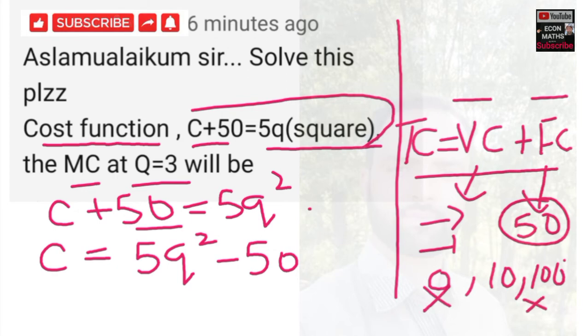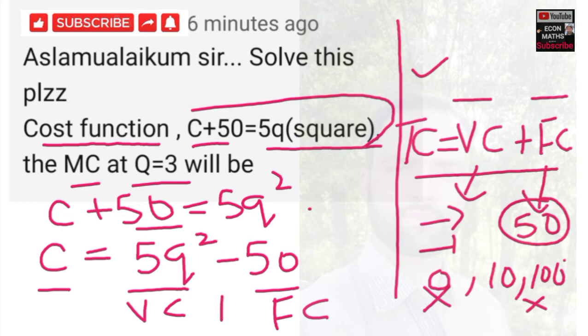One thing I want to make sure of: the given cost function which was asked by the sister, it is not like this. We have the total cost here. This 5q square is variable cost and this 50 is fixed cost. I don't think it should be a minus 50 here, because total cost is the aggregate, the summation, of variable cost and fixed cost.